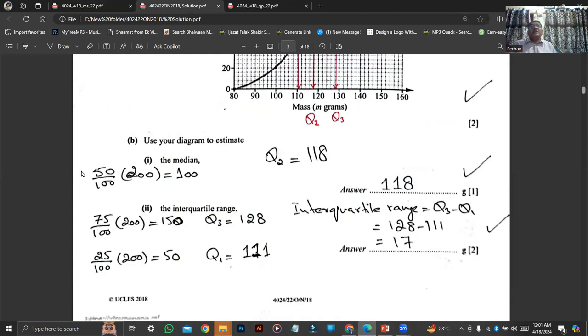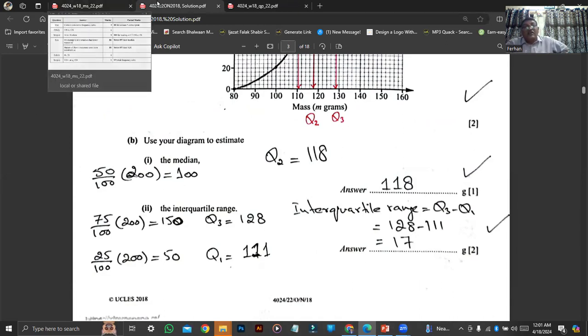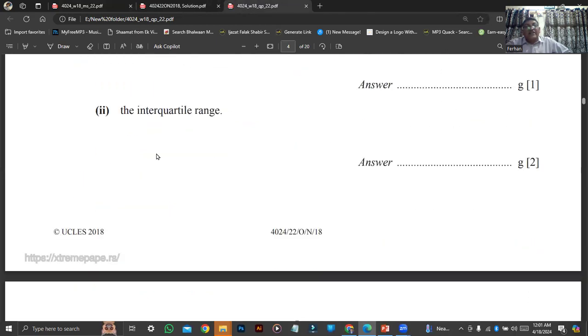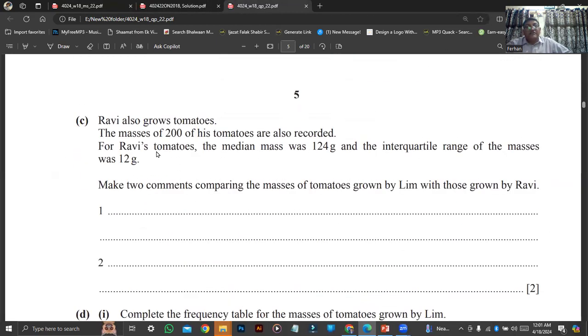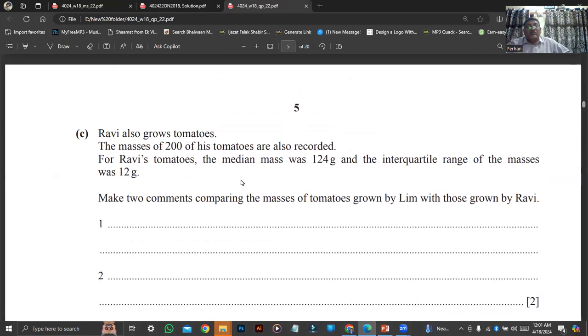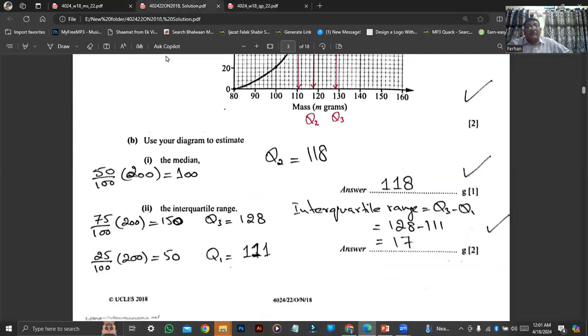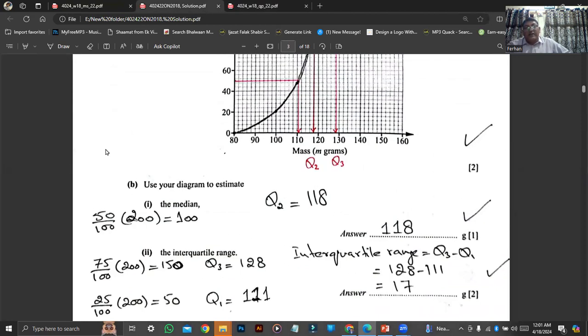So the median for Ravi is a larger mass. So we can say Ravi's tomatoes are larger. Another thing I can tell you is that the interquartile range of Ravi is 12 grams, whereas the interquartile range for Lim is 17.